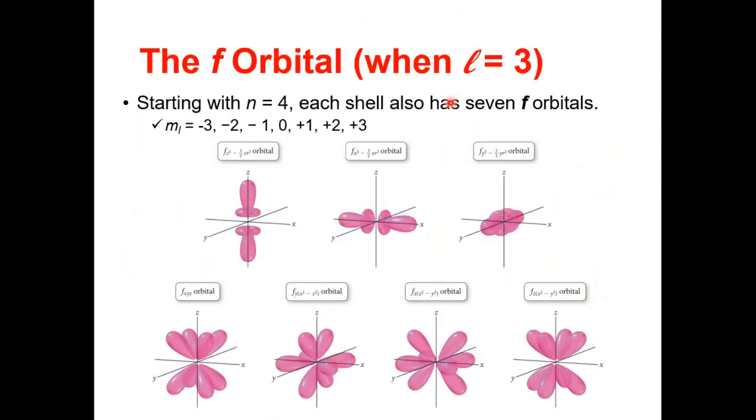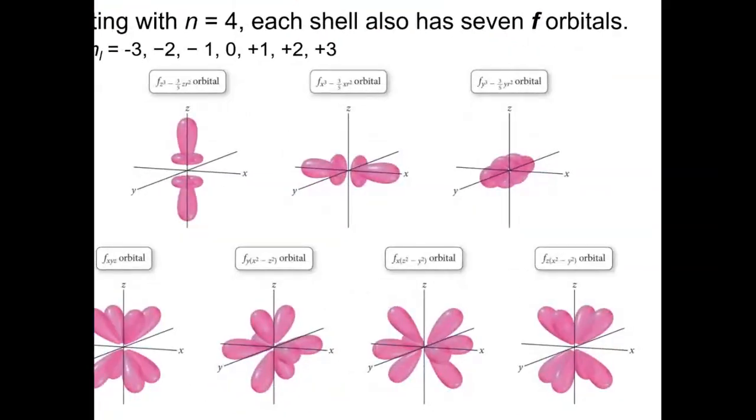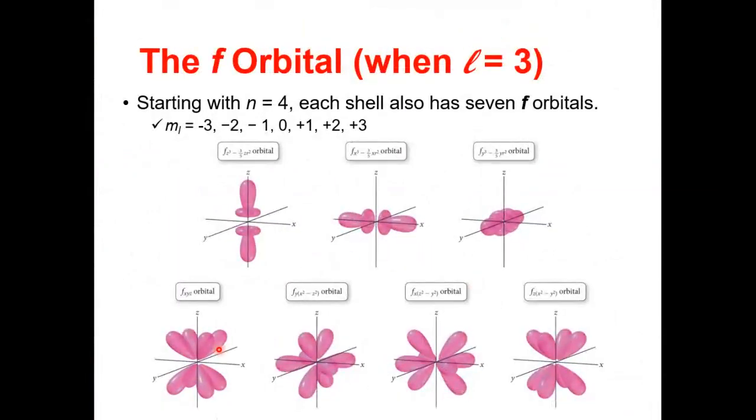F orbitals, when you see how many m values are allowed, -3 up to +3, that's 7 orbitals. Once you have f orbitals, there are 7 different orientations possible. You will not need to distinguish any of the specific names or draw or sketch them for my class, but they are quite more complicated.